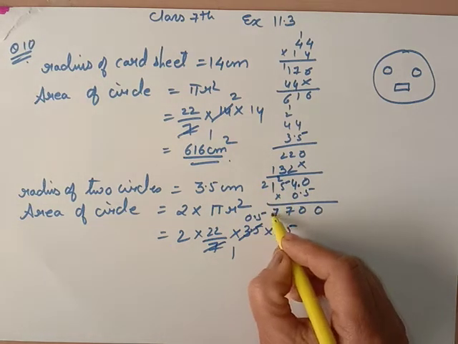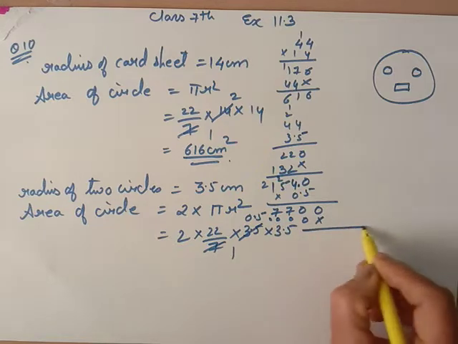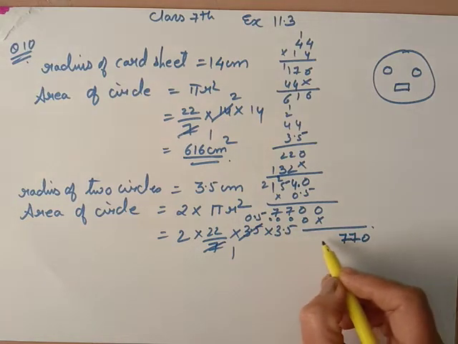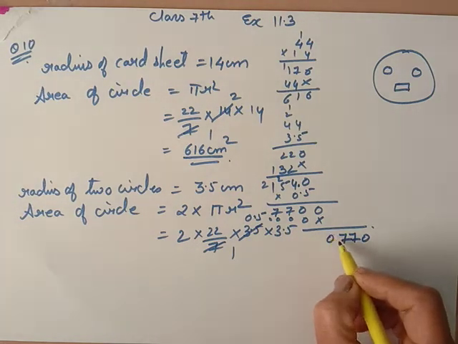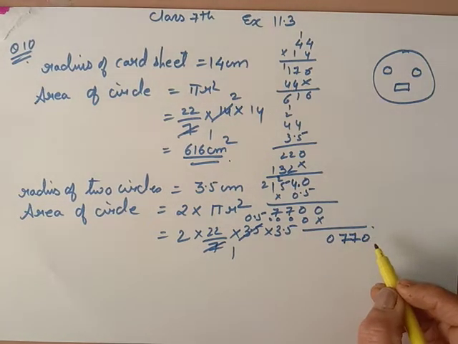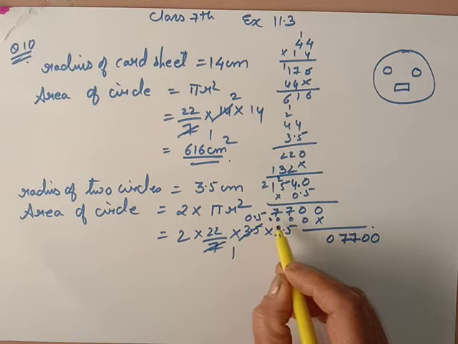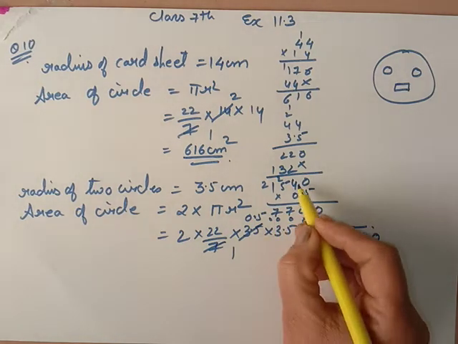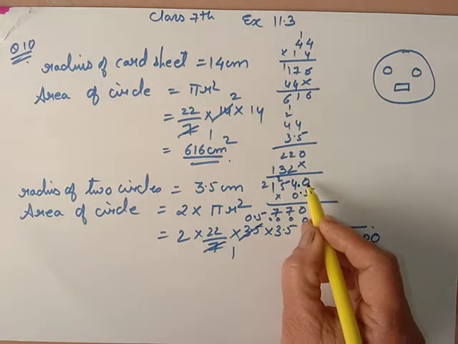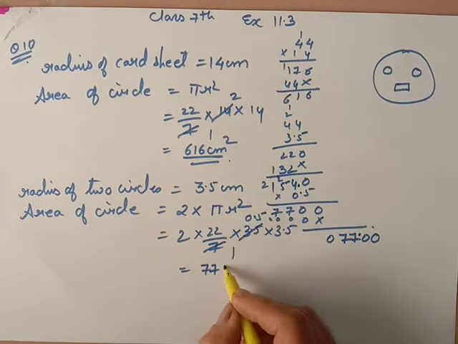The final answer will come, 0, 7, 7, 0. There are two decimals, so the point will come after 2. So what is your area? That is 77 centimeter square.